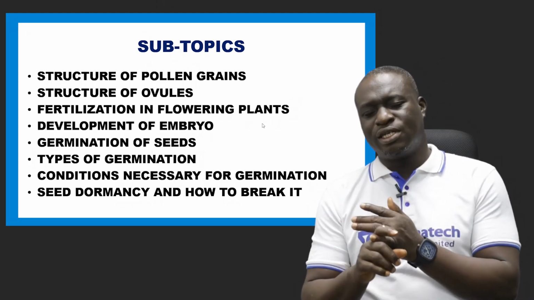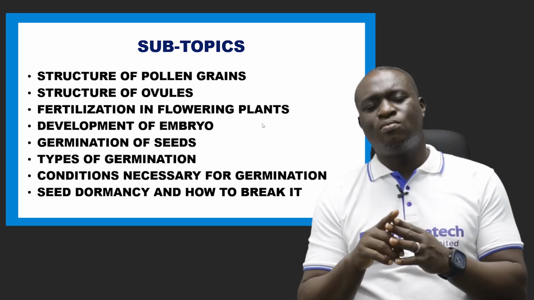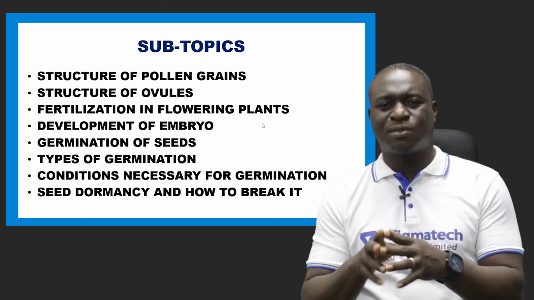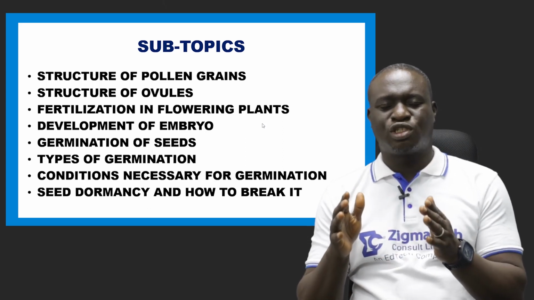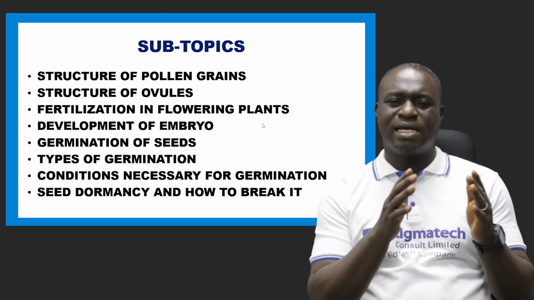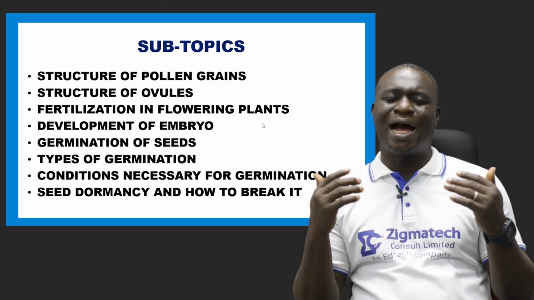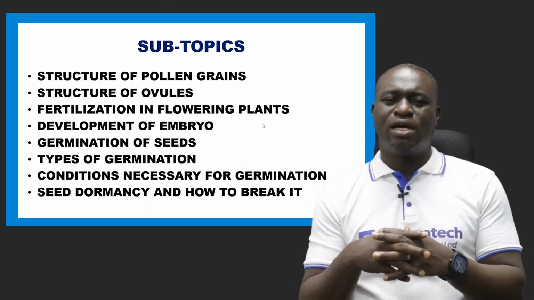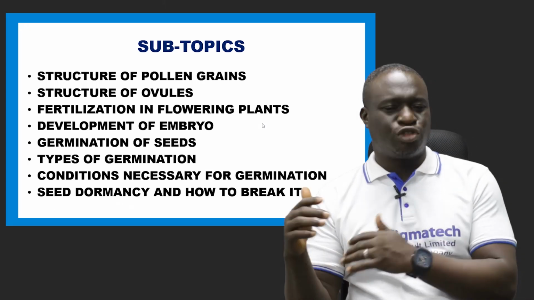We mentioned the sepals, the petals, and also some vital aspects of the flower, which are the stamens and the carpels. Another name for the stamens is the androecium, and another name for the carpels or the pistil is the gynoecium.